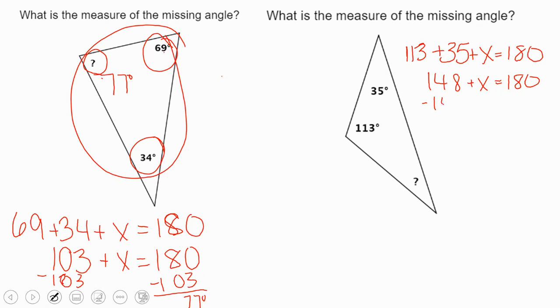You're going to subtract 148 from both sides, and you're going to find that x is 32 degrees. So those two are pretty straightforward, simple.